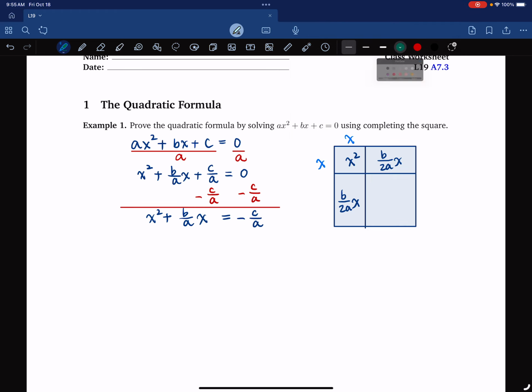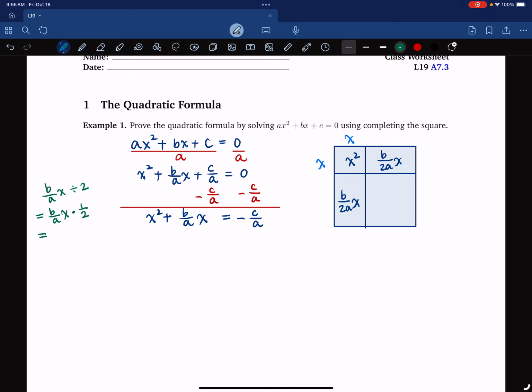What I did right here is simply divide the second term, b over a x, by 2. And this is a rectangle, so I basically split it into 2 smaller rectangles. If you wonder how you do the calculation, I simply divide by 2, which is equivalent to multiplying by 1 over 2. And then you just multiply straight across.